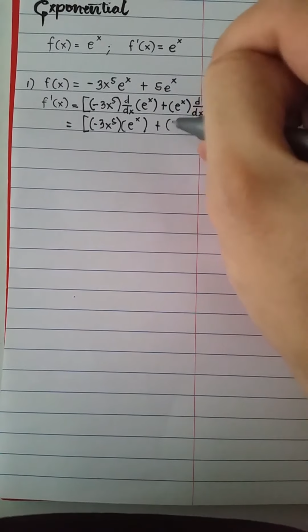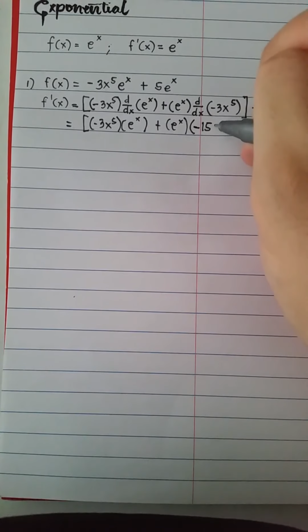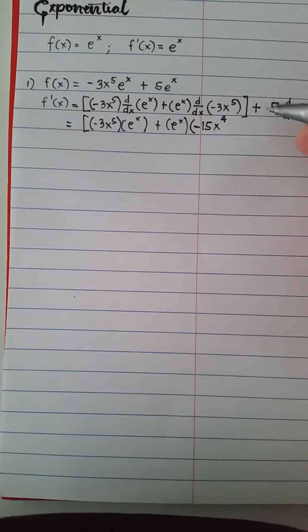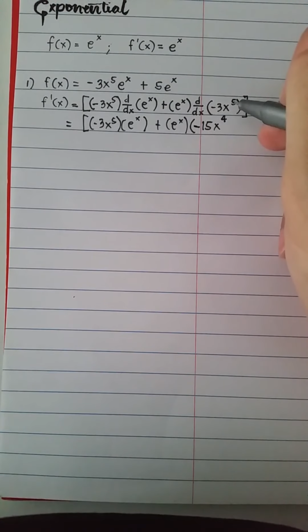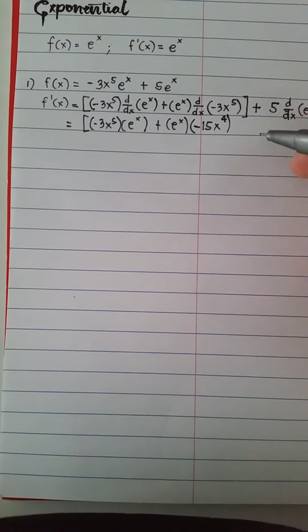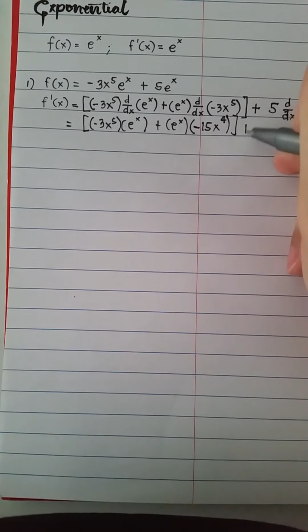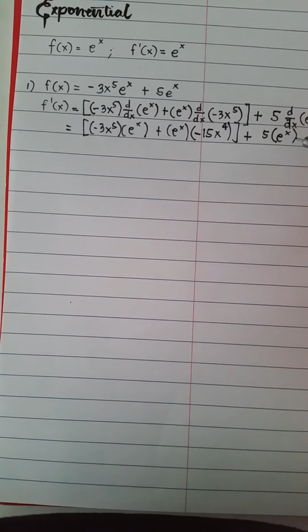Now get the derivative of this. So this is negative 15x to the fourth. Remember, we multiply 5 times negative 3 and then we subtract 1 from the exponent. So that's the derivative of that. And then plus 5, and the derivative of e to the x is e to the x. So you can see nothing changes with 5 e to the x power.